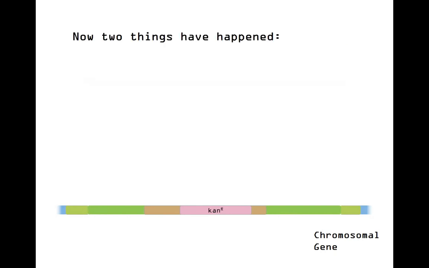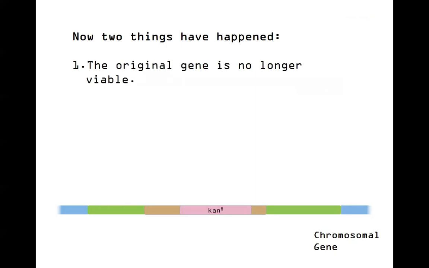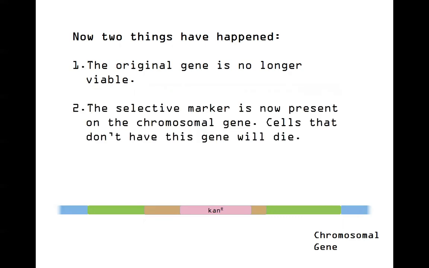Two things are really important here. This is a knockout because we've broken the original gene. That original gene is no longer viable. The second important thing is that now we have that selectable marker. This is going to express a protein that's involved in making these cells resistant to antibiotic. So we're going to see cells that have this kanamycin resistance gene.